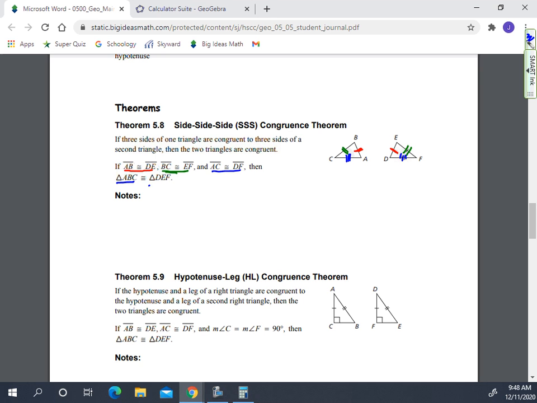Notice, order matters. Okay, they said side AB is congruent to DE. AB, DE. Make sure, order matters, especially in this lesson. Well, in all lessons, order matters.